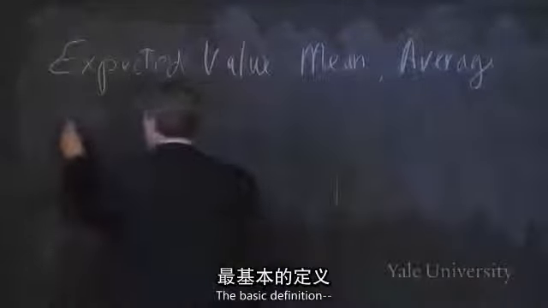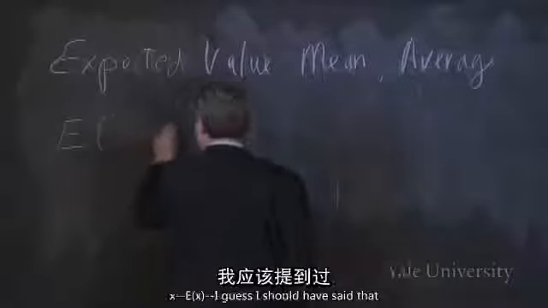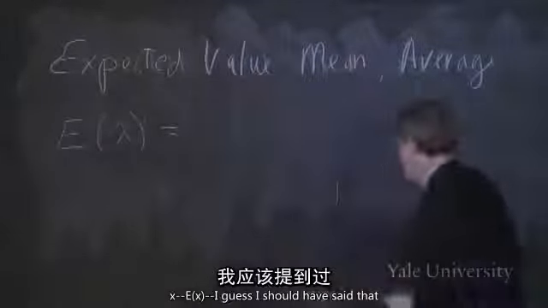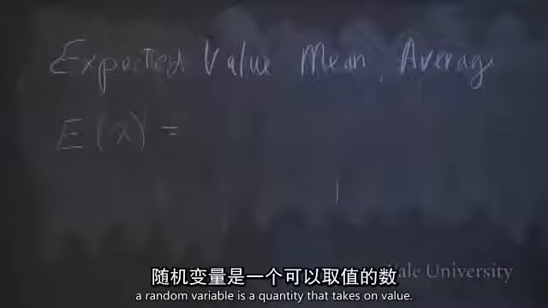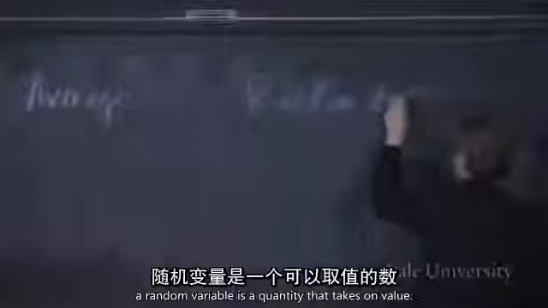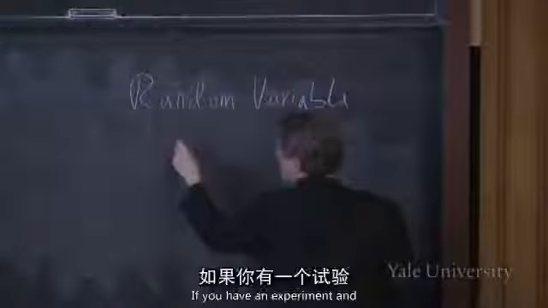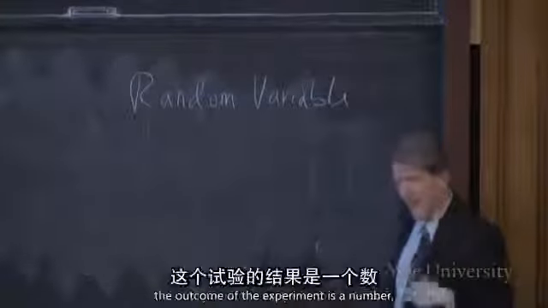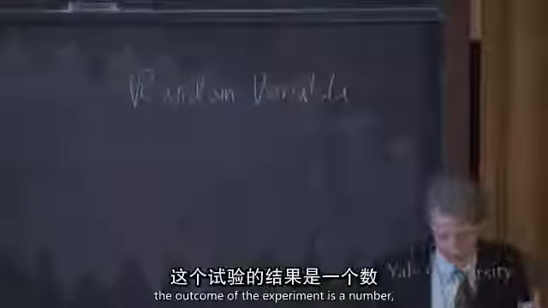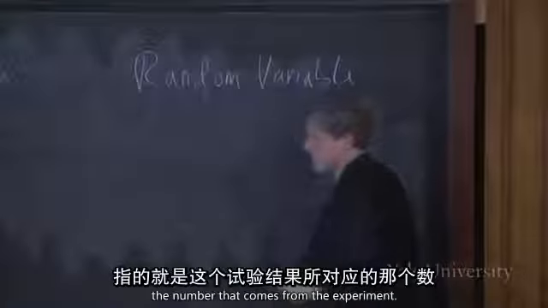The basic definition is the expected value of some random variable X. I should have said a random variable is a quantity that takes on a value. If you have an experiment and the outcome of the experiment is a number, then a random variable is that number which comes from the experiment.